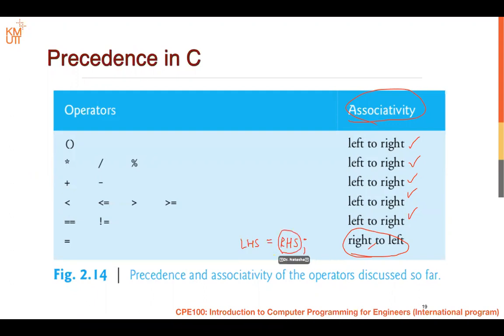We have to evaluate from right to left. And you can see that for the precedence in C, we evaluate parentheses first, then arithmetic, then relational, and then assignment is the last. Okay, this is the precedence and associativity of the operators in C programming.